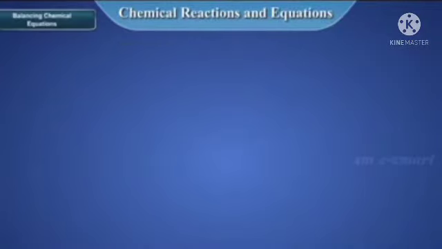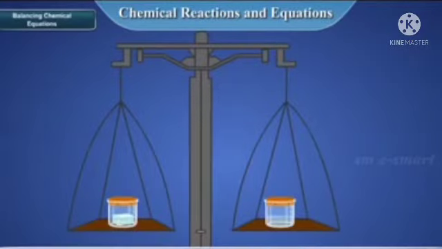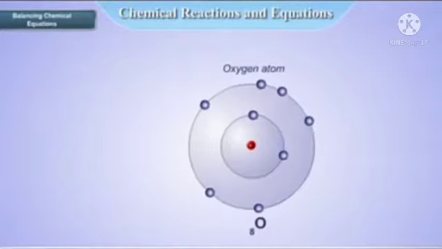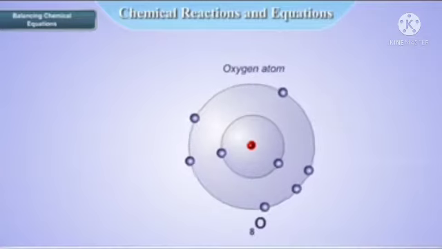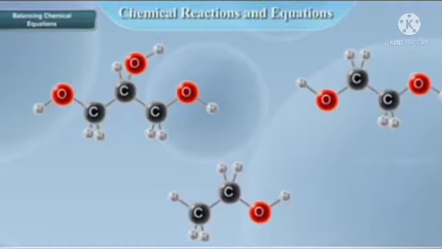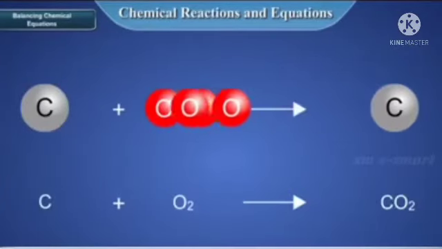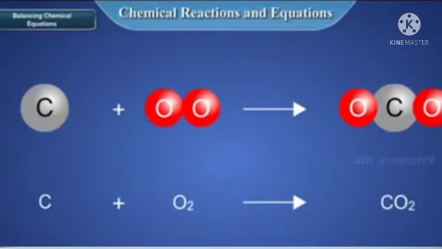Balancing chemical equation. According to the law of conservation of mass, the total mass of the products formed in a chemical reaction must be equal to the mass of the reactants consumed. The number of atoms of each element before and after the reaction must be the same.